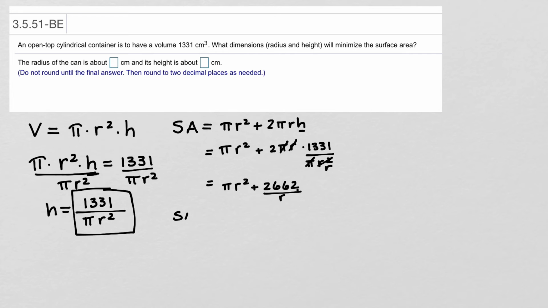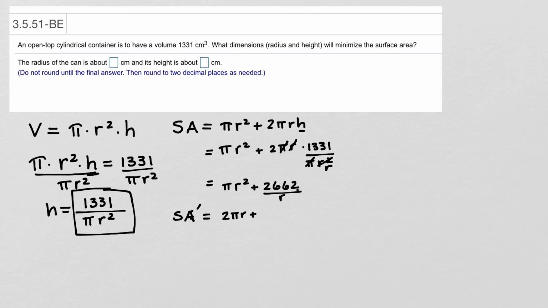I want to minimize the surface area. So I'm going to take the derivative of the surface area. And the derivative of pi r squared is 2 pi r.